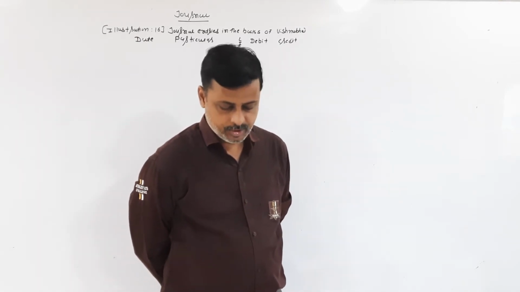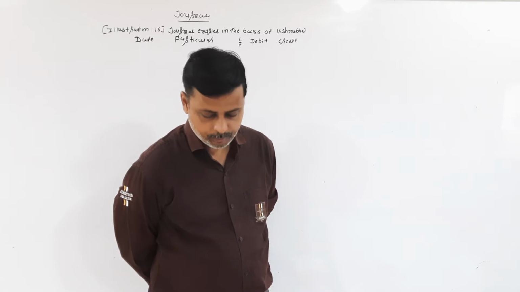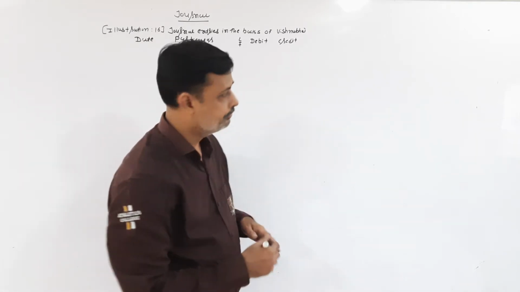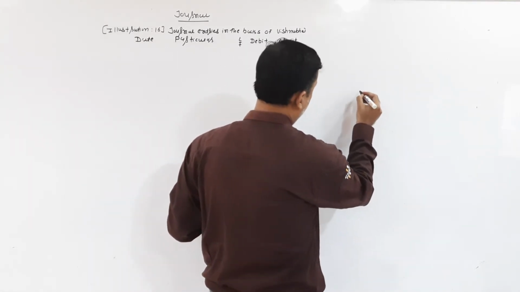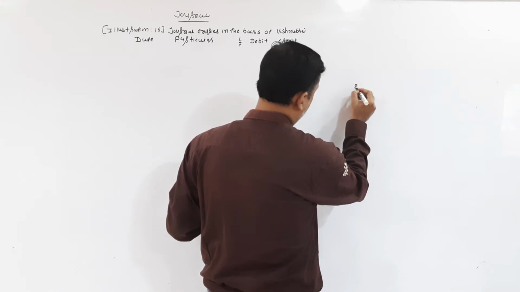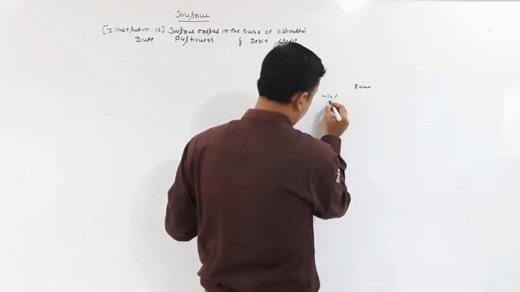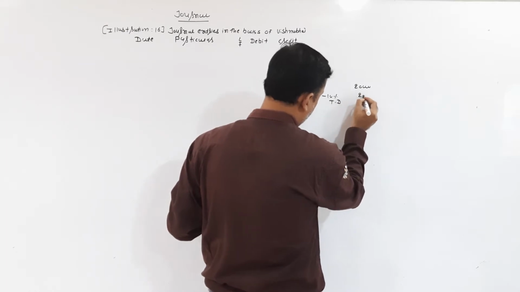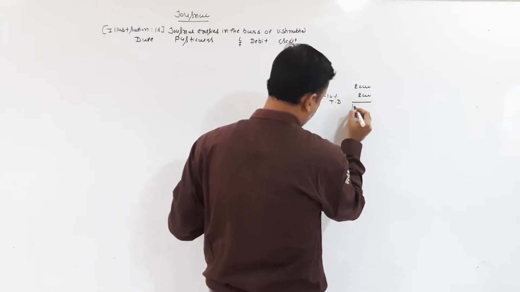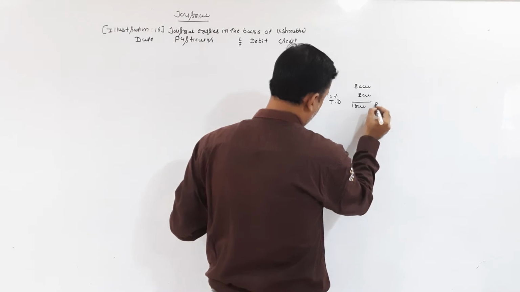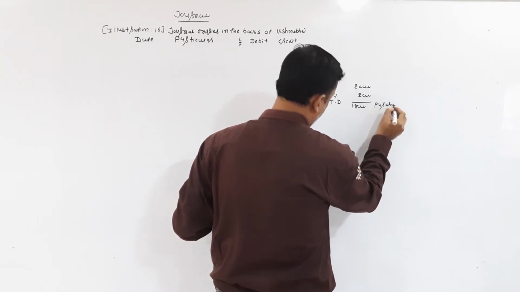So here we purchase goods from Jayeshbhai of Jamnagar. 20,000 goods, 10% trade discount, 2,000 minus. So 18,000 goods purchased.